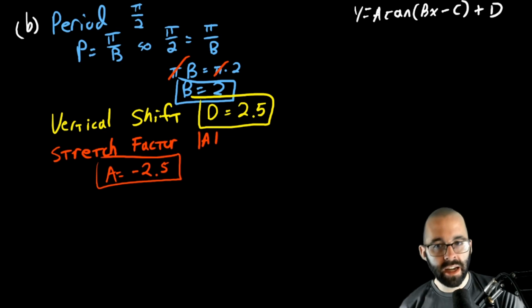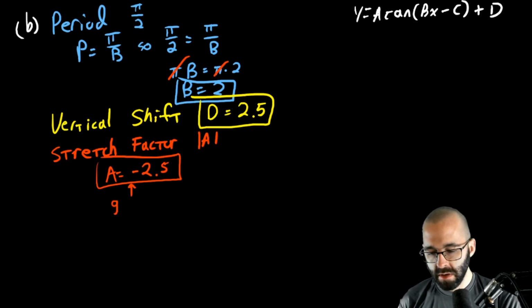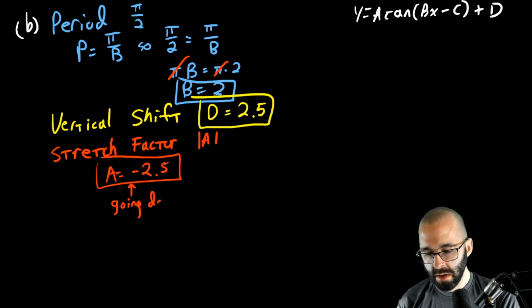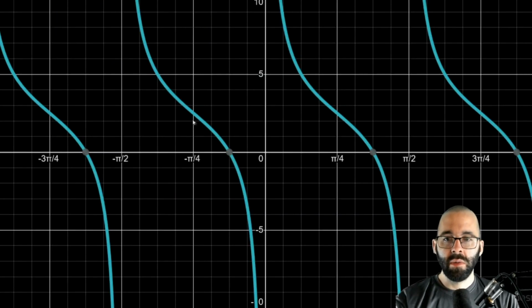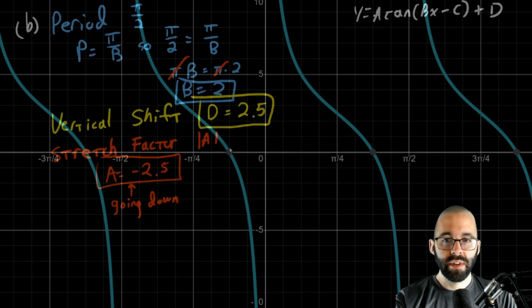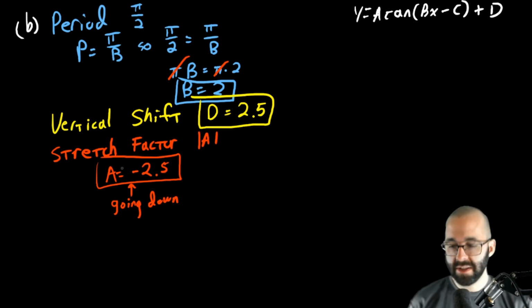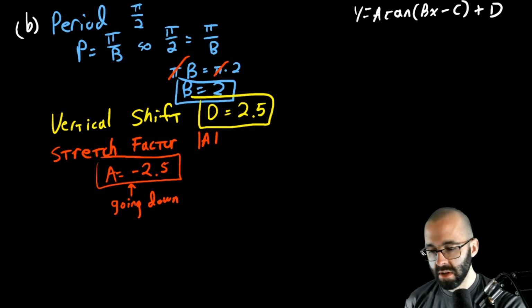Okay, negative because it's going down. And then we're going 2.5 times as far as we usually do. Because tangent normally goes up 1 when you look at the comparison between the middle of the graph and halfway to the asymptote. This is a vertical change of 2.5 when it should be 1. So we're getting stretched by 2.5.